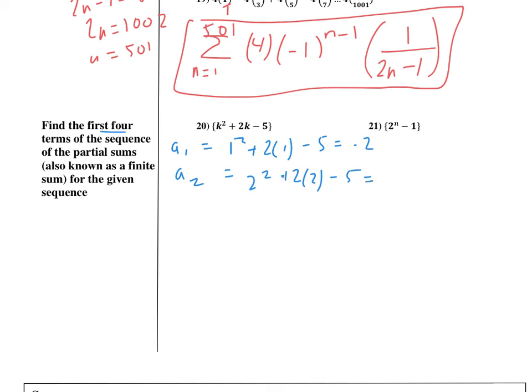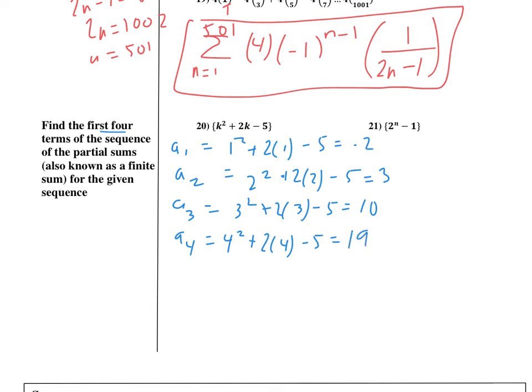So that is 4 plus 4 is 8 minus 5 is 3. 3 squared plus 2 times 3 minus 5: 9 plus 6 is 15, minus 5 is 10. And then a sub 4 is 4 squared plus 2 times 4 minus 5. So 16 plus 8 minus 5, that's 16 plus 3, that's 19.